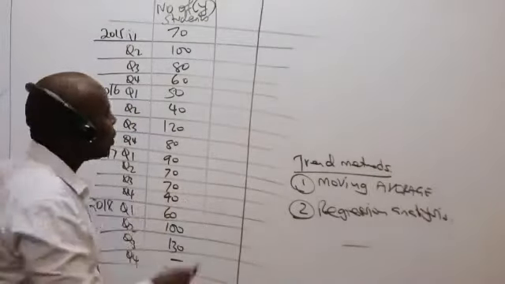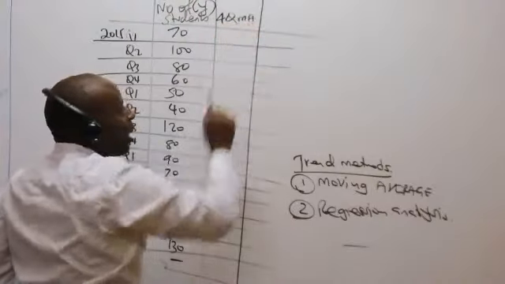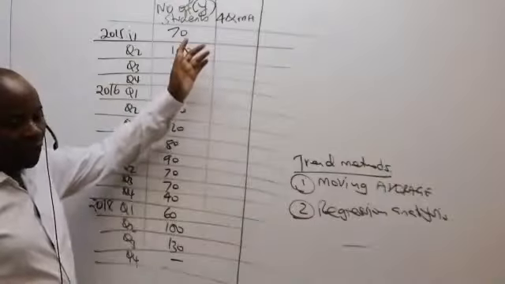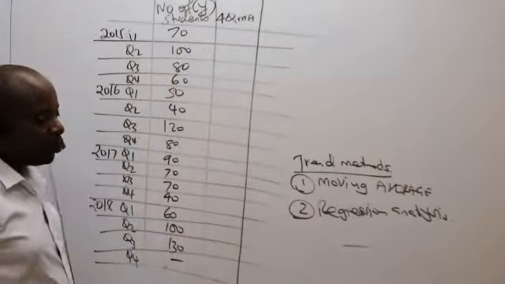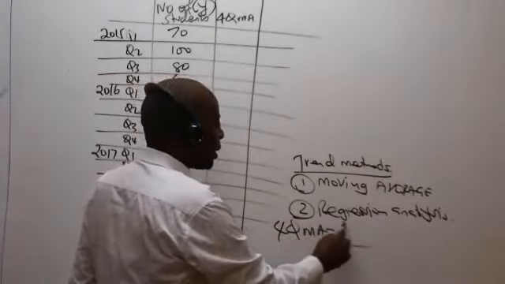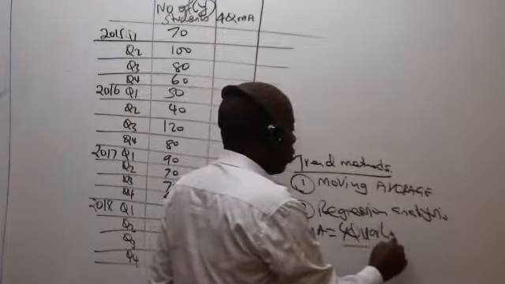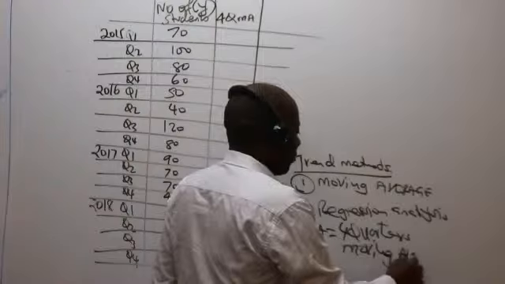And as such, I'll give my examiner what we call the 4-quarter moving average. Could you kindly write this in full? You have to write it somewhere that this 4 QMA is 4 quarters moving average.